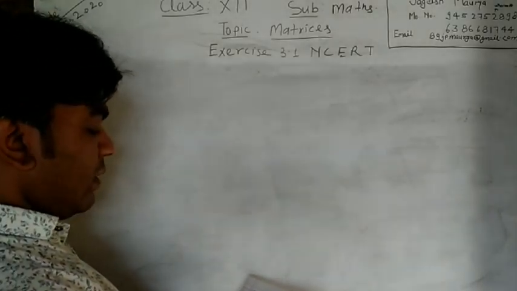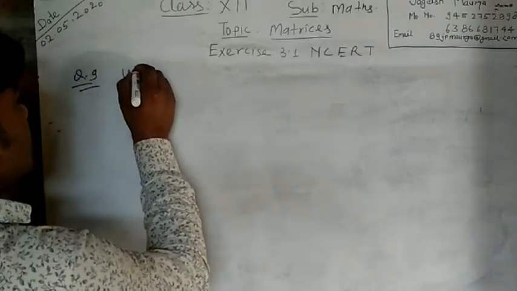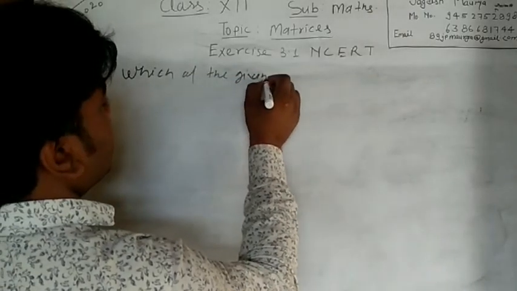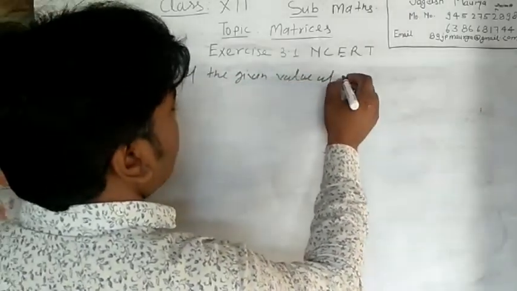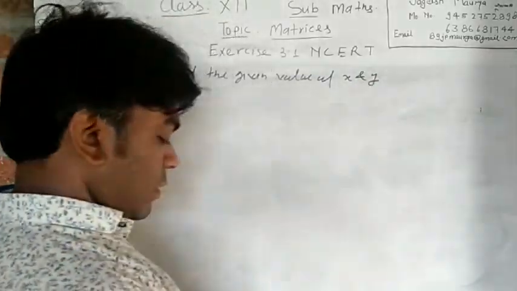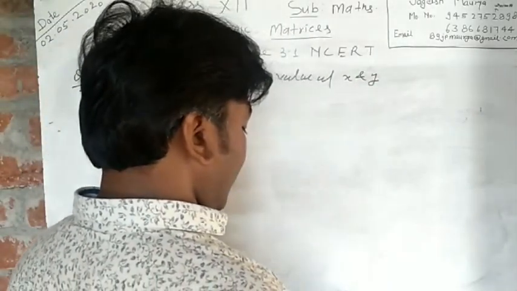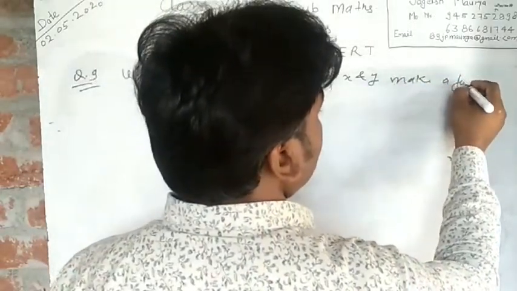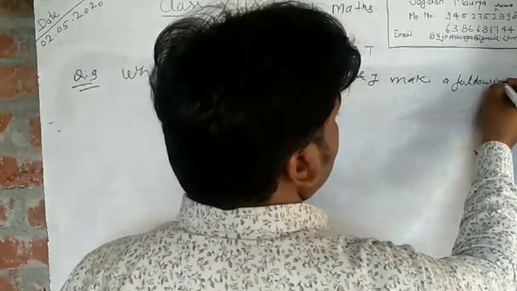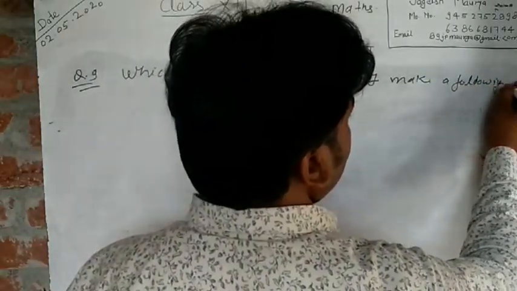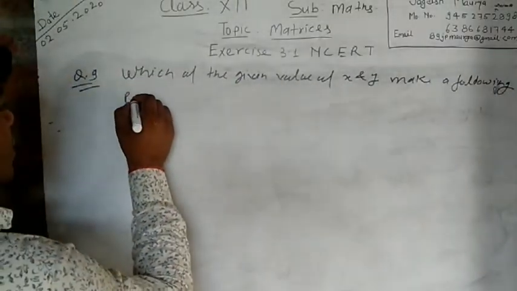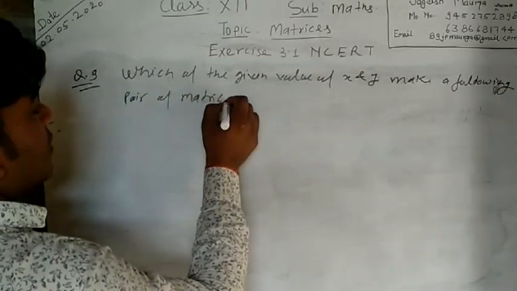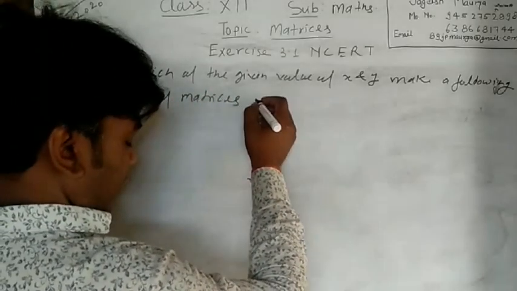Which of the given values of x and y make the following pair of matrices equal.